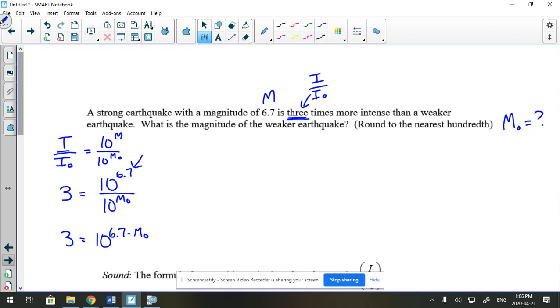Okay, so I have that there. Now it's an exponential equation, I'm trying to find an unknown that is in an exponent, so I'm going to take the log of both sides. Okay, once you have the log of both sides, you can apply your log rule. So we're going to get rid of that exponent by popping it in the front.